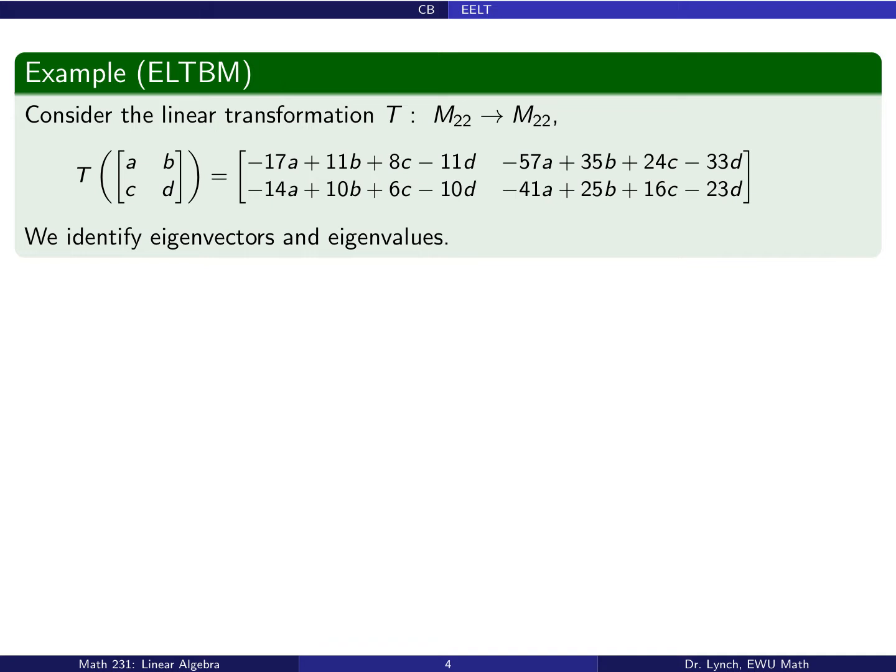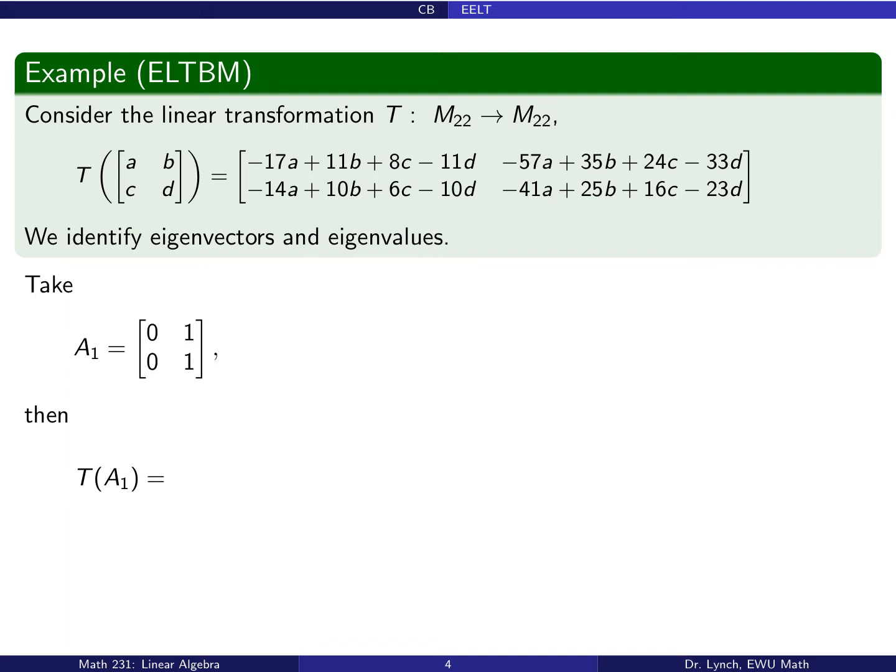And we'll go ahead and identify eigenvectors and eigenvalues. So in this example, we're not talking about how to find these eigenvectors and eigenvalues. We're just illustrating what they are, and then we'll see how to find them a little bit later. So here is the first eigenvector, as it turns out, [0, 1; 0, 1].